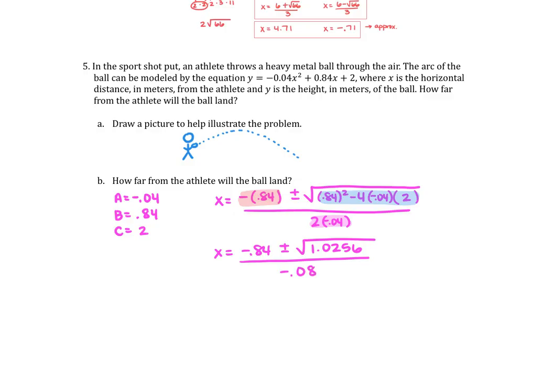Now that I'm here, these are not really wanting an exact answer. It wants more of an approximate because we're talking about a real life object. So what I'm going to do is split these into 2, one with my plus, the square root of 1.0256, and then I'm just going to type that in my calculator.